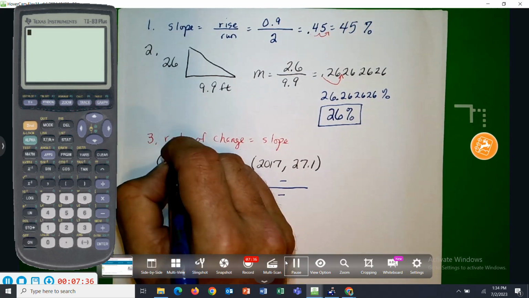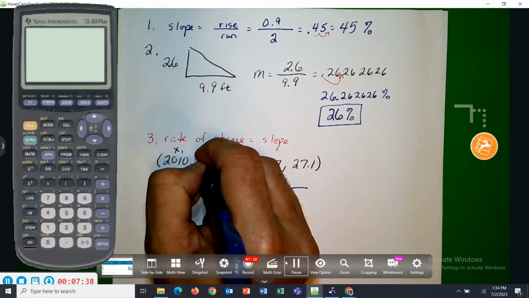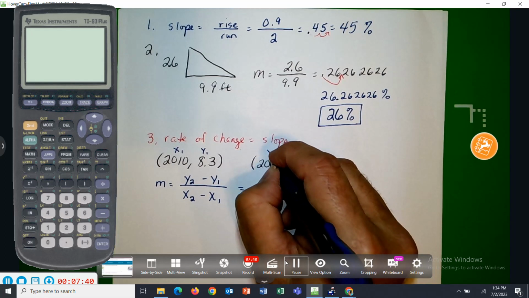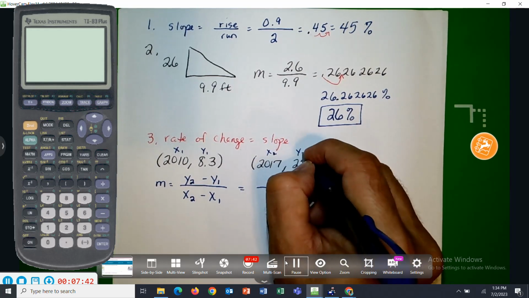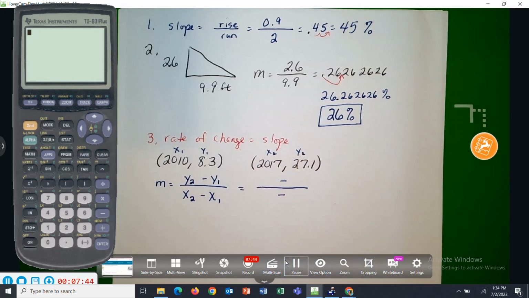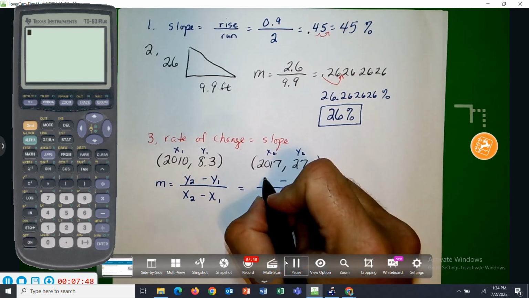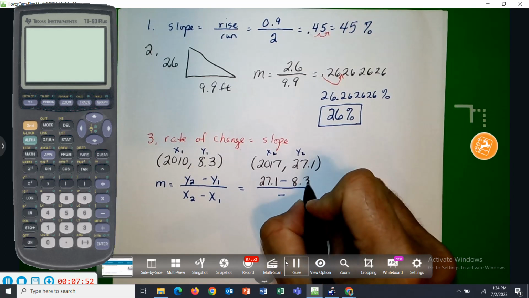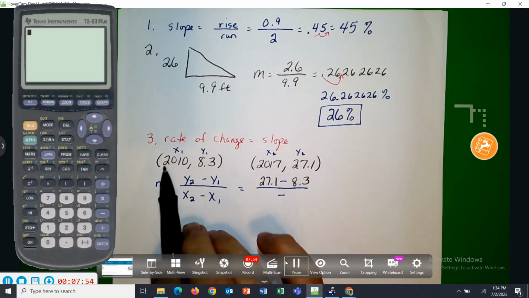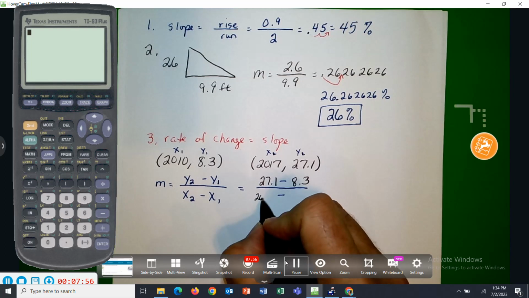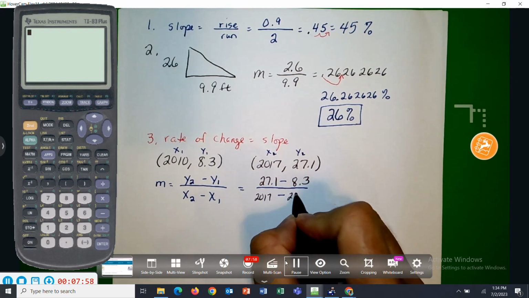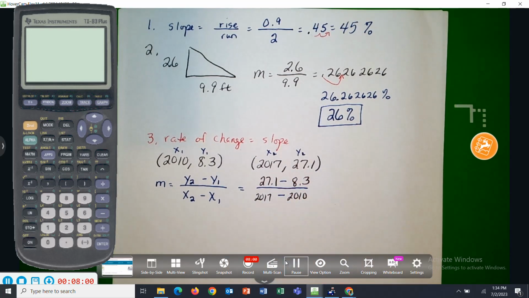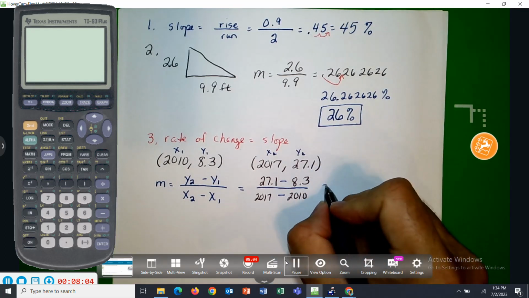Let's go ahead and call this ordered pair x1, y1, and the second x2, y2. So y2 minus y1. Now the x2 minus x1, we can do that all in our head. 2017 minus 2010 is just a 7.